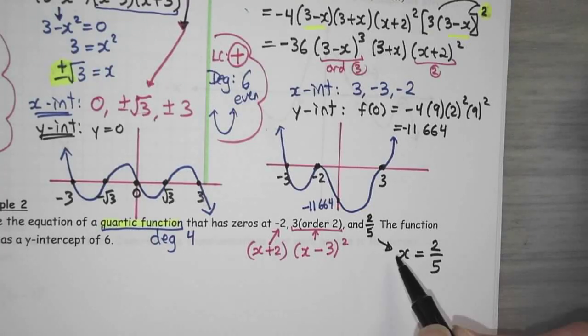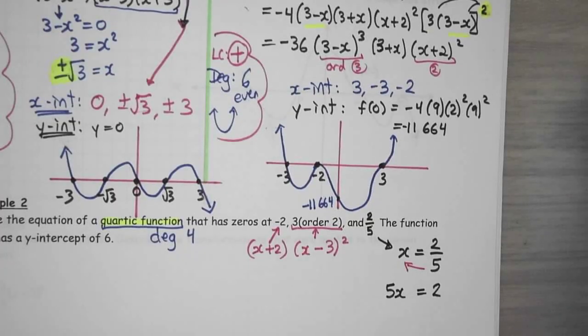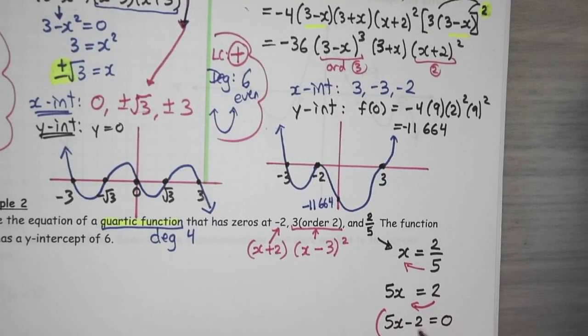I want the 5 to be back with the x. So we're going to bring the 5 back up, and we're going to go 5x equals 2. And we want it to equal 0, and bring the 2 over. So 5x minus 2 equals 0. So my factor is this.